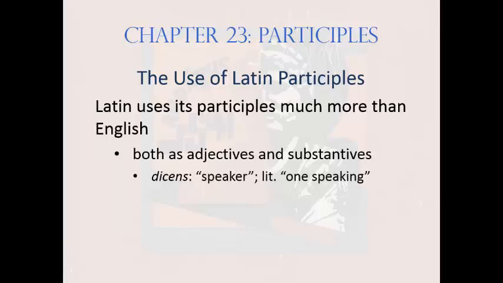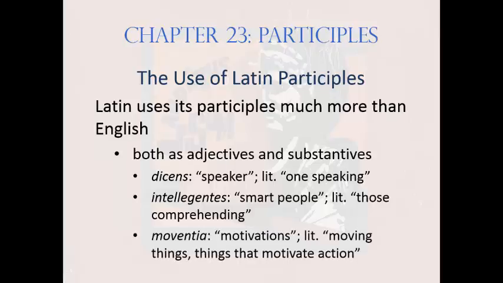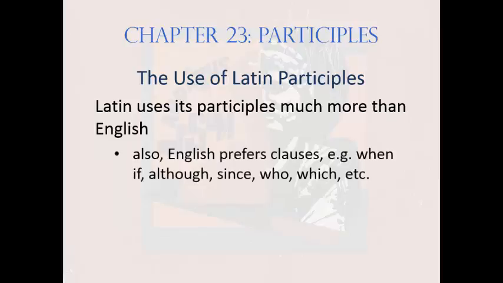So, dicens, the present active participle of dico, can mean not only the one speaking, but the speaker. Likewise, intelligentes can mean both those comprehending and smart people, and moventia, literally moving things, things that motivate action, also means motivations.